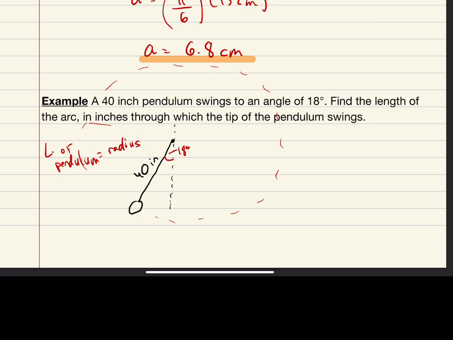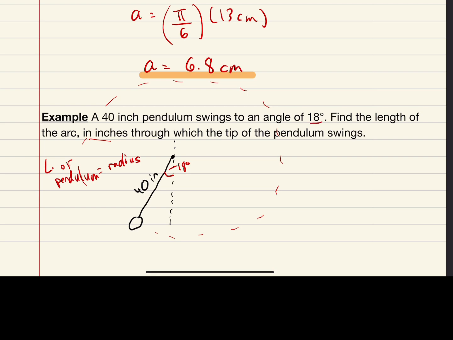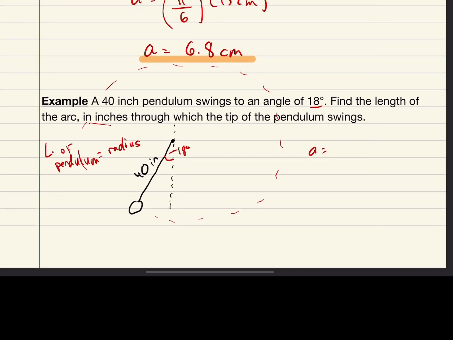So what we could say is that since, again, we're asking for the arc length, but this time it's given in degrees, we're going to use the arc length formula in yellow here, where it's going to be 2 pi r times 18 degrees over 360 degrees.